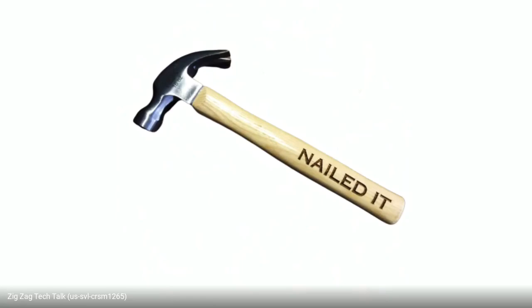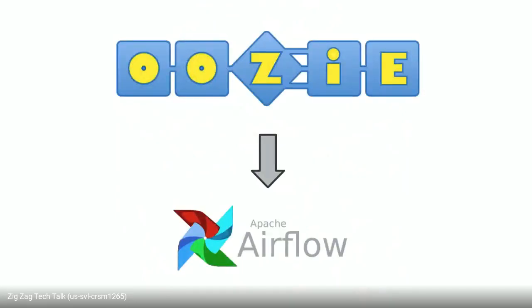And the tool is the Oozie-to-Airflow converter. So it enables you to automatically convert XML workflows from Oozie to Airflow Python DAGs. Just like that. In goes an XML, out pops a Python file. Pretty cool, huh? I like to think that each time an XML file is made redundant, the world becomes a better place.